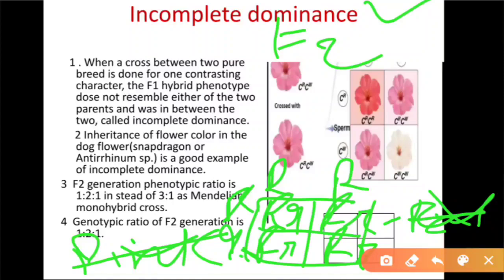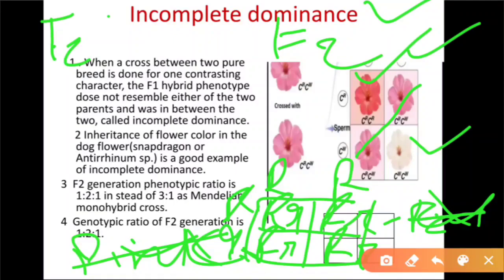When selfing takes place in these pink flowers, the result is this. You can see these two flowers are pink, this is a red flower, and this is a white flower. In the F2 generation the ratio is 1:2:1: one is red, two are pink, and one is white, right? This incomplete dominance occurs in the snapdragon or Antirrhinum flower plant.